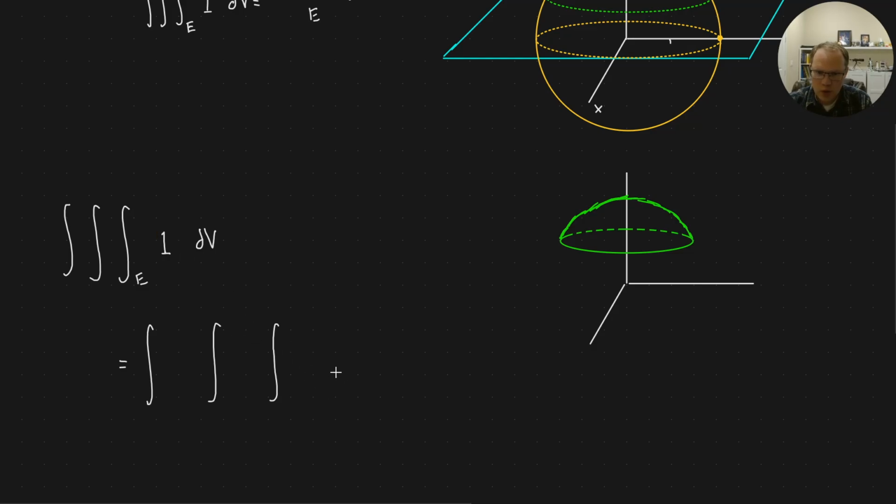So my function is 1, but I'm going to convert to cylindrical coordinates. And since the x and y get converted to polar variables, that means I need an extra factor of r. So I need 1r. Okay, so let's integrate first with respect to z.